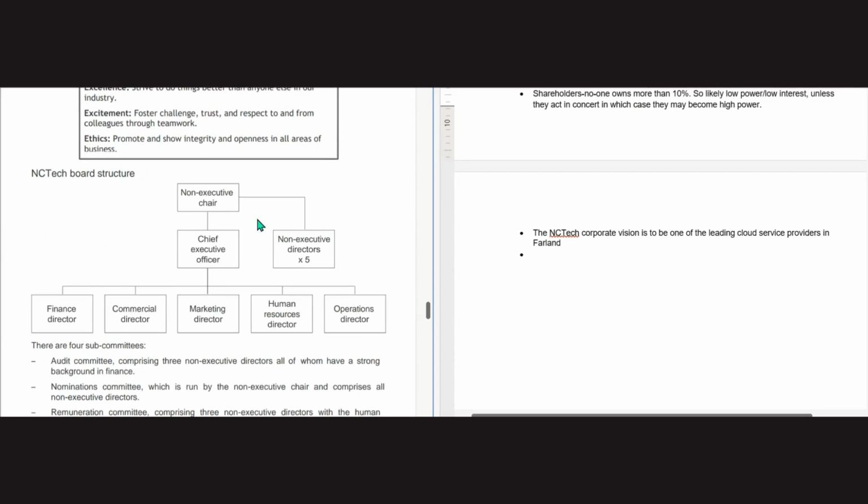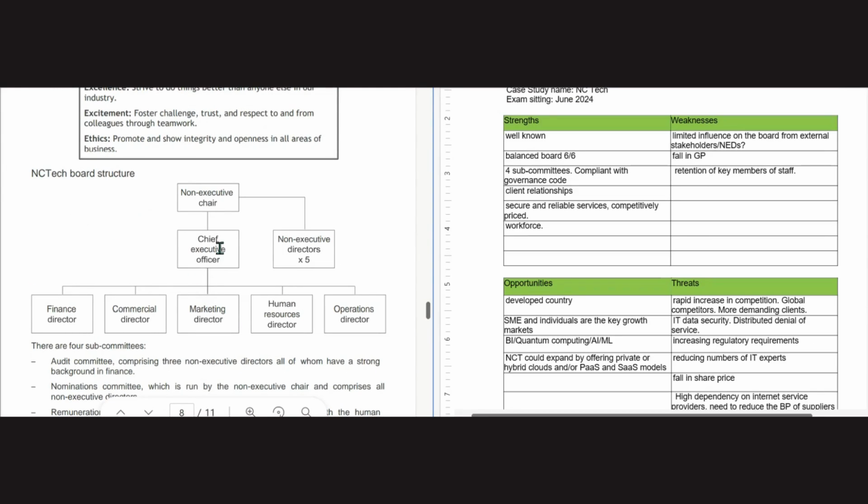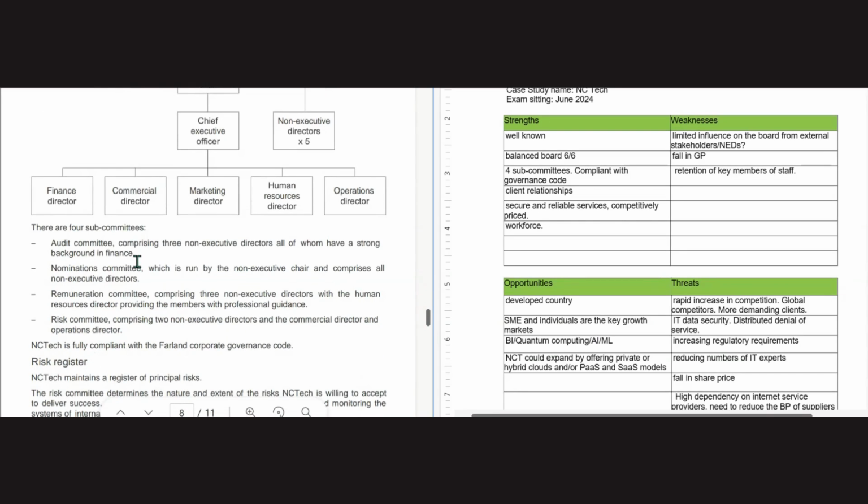And then we go on to the board of directors. Oops, excuse me. And we see that there's a non-executive chair, and reporting to the chair, 5 non-executive directors, and there are 5 other executive directors. So you've got 6 executives and 6 non-executive directors. So it's a balanced board, which is good. And you've also got 4 subcommittees: audit, nominations, remuneration, and risk.